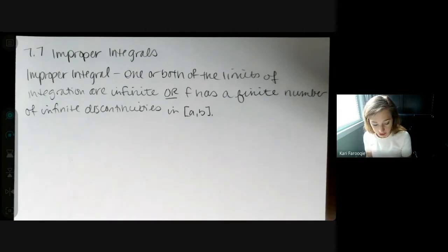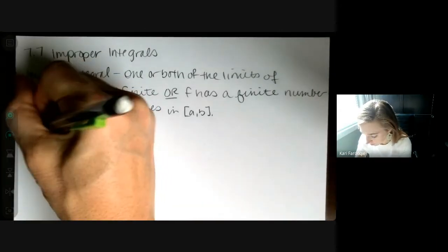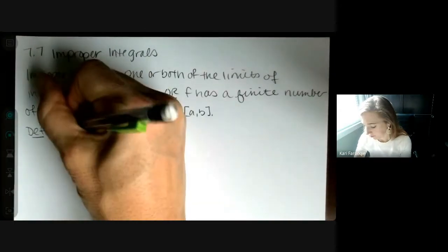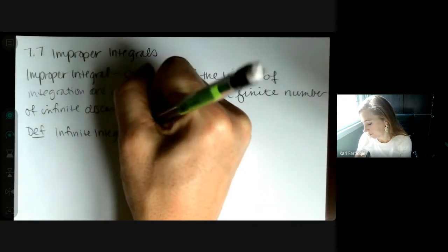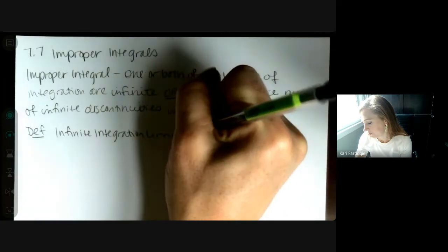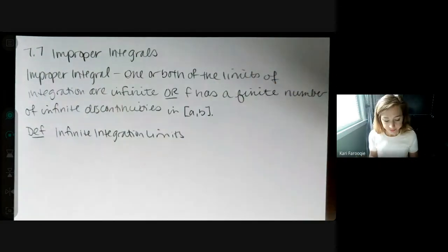So for infinite integration limits, let me give you a definition for how to deal with this. All right, so you're going to have three different things that could occur. One of them is just if your upper limit is infinity.